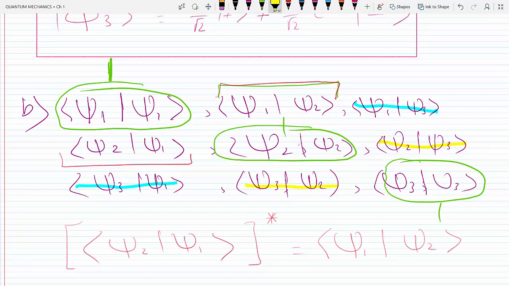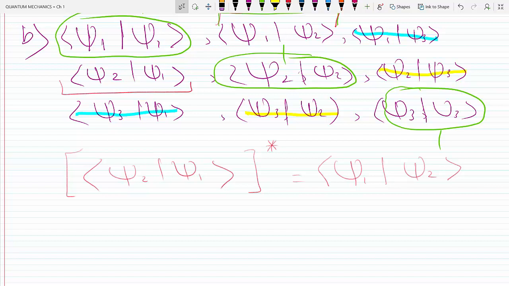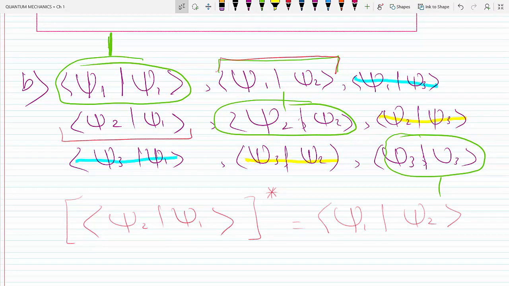So you can see that this matrix of different inner products between wave functions is actually a neat matrix. We'll talk about that more as we roll through the class, because it has some interesting implications.